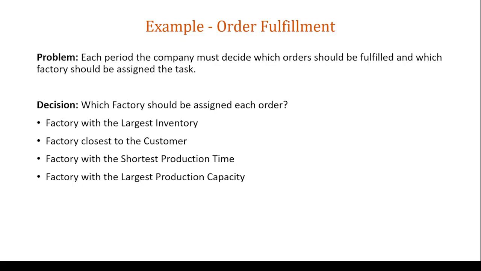For example, the company could assign the orders to the factory with the largest inventory, or they could assign the orders to the factory that's closest to each customer. Or the company could use production information such as shortest production time or largest production capacity when assigning orders to factories. And of course, the company could also use multiple criteria as well.